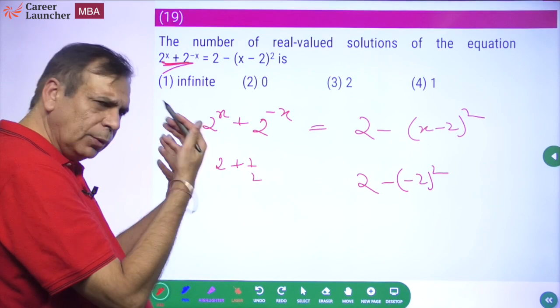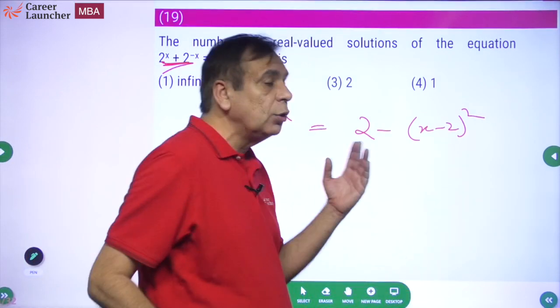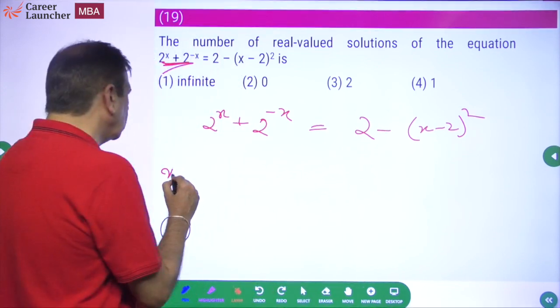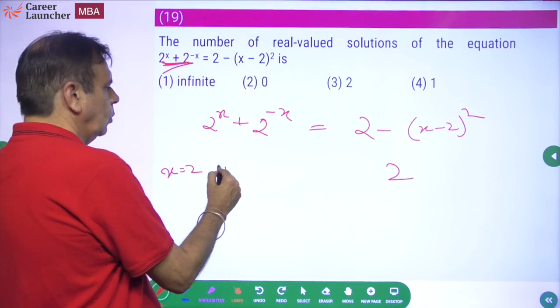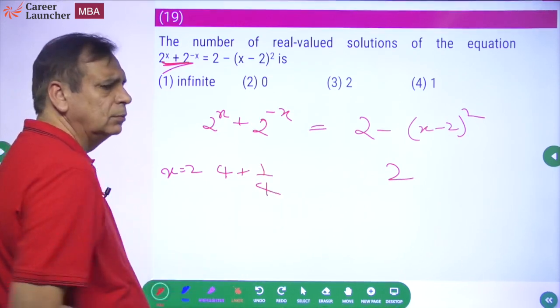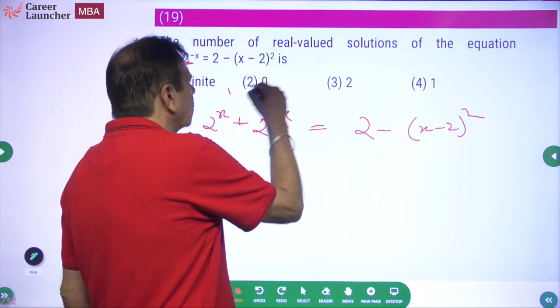You could check for x equal to 0 and x equal to 2. If x is equal to 2, the left hand side will be 4 plus 1 by 4, not equal. So left hand side and right hand side will never be equal. The answer is going to be 0.